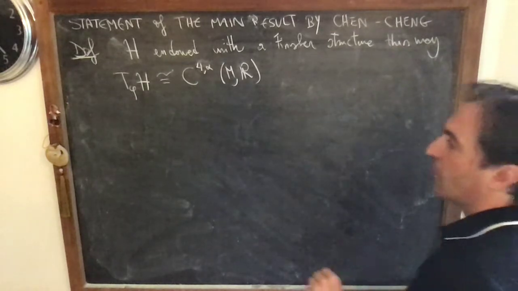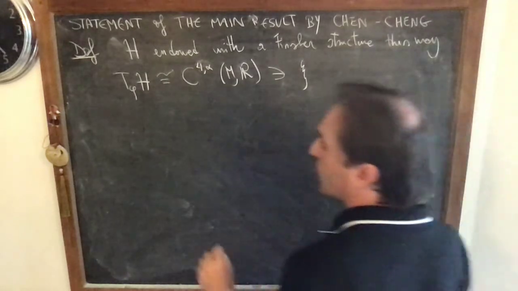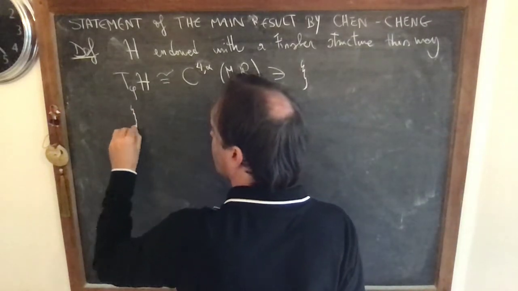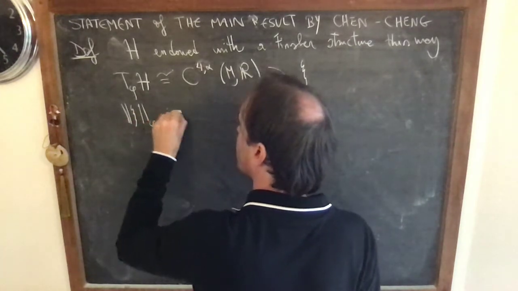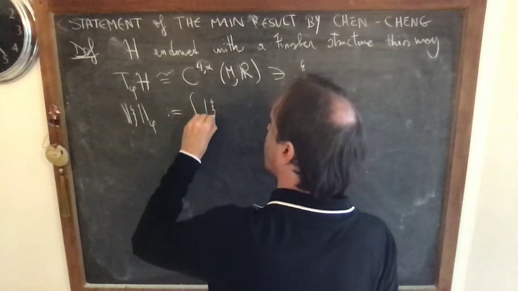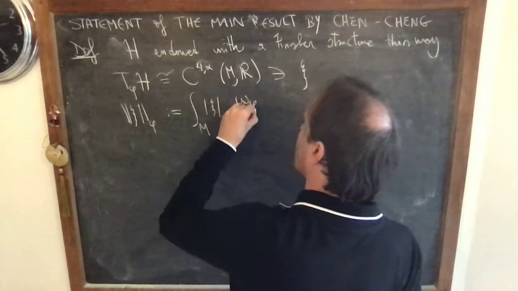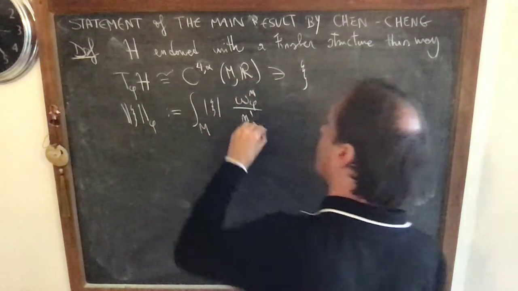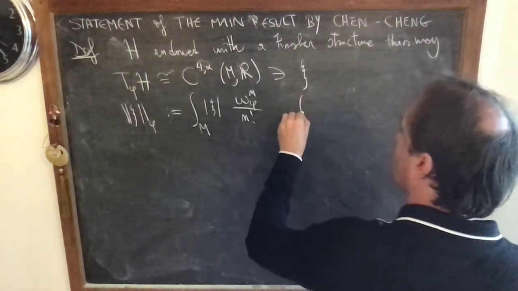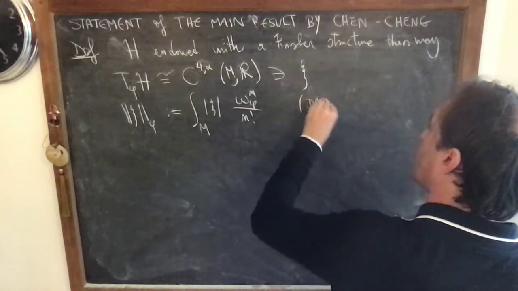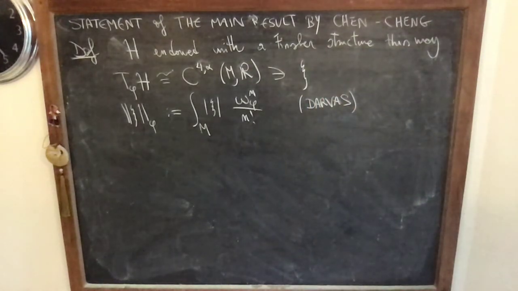Okay, then take an element xi in the tangent space, and we define its norm as the L1 norm integrated with respect to the volume form induced by omega_phi. This is a definition introduced by Tamás Darvas.